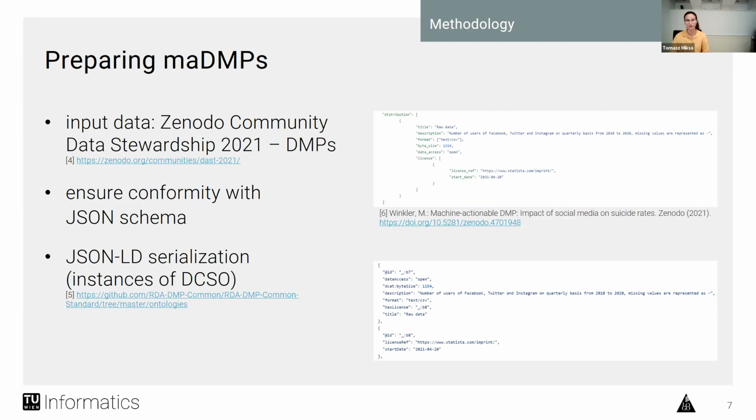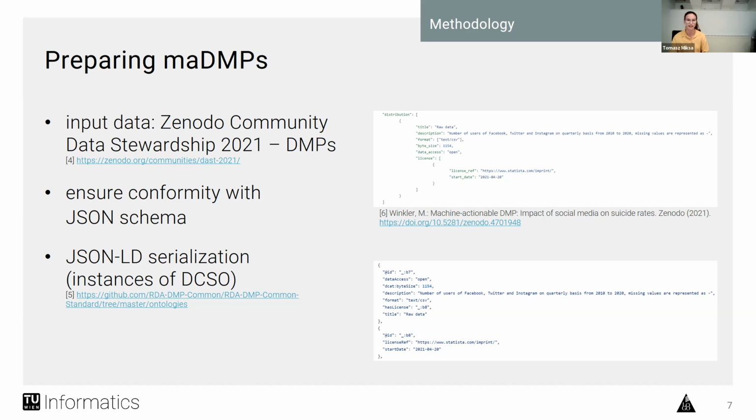So after having developed the SPARQL queries, we prepared the input maDMPs for evaluation. So we took our input maDMPs from a Zenodo community for a university course at TU Wien. And as I mentioned before, those input maDMPs were mostly JSON formats. So the first step was to make sure that they conform to the JSON schema.